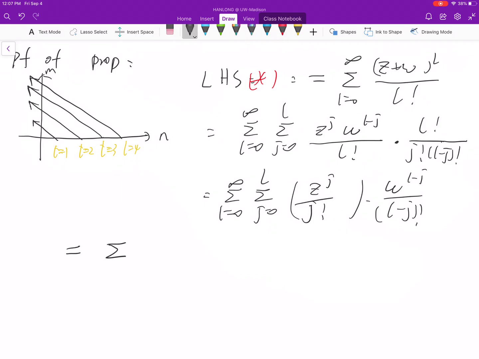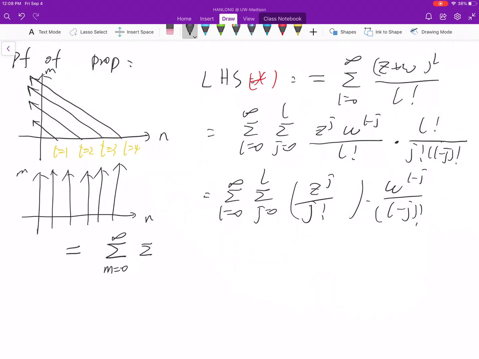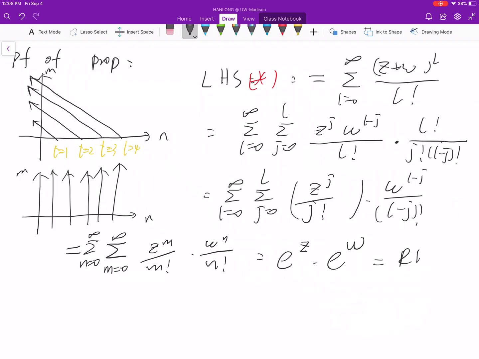This can be summed as a new diagram. You first sum up M, and then you sum up N. So M from 0 to infinity, and then N from 0 to infinity, z^M over M factorial times omega^N over N factorial. So this is exponential z times exponential omega, which is the right hand side.